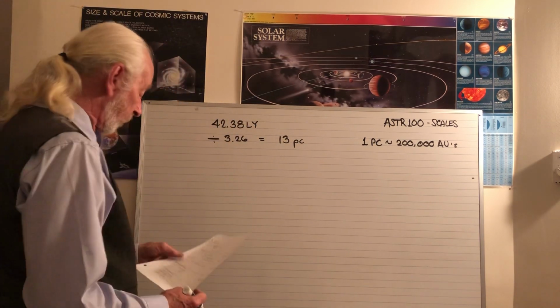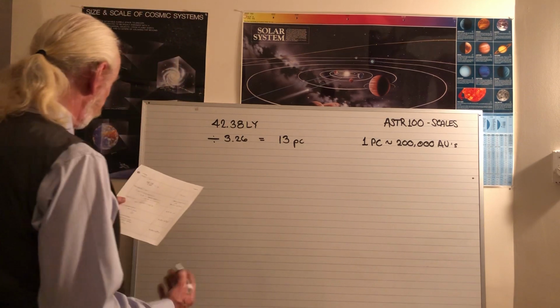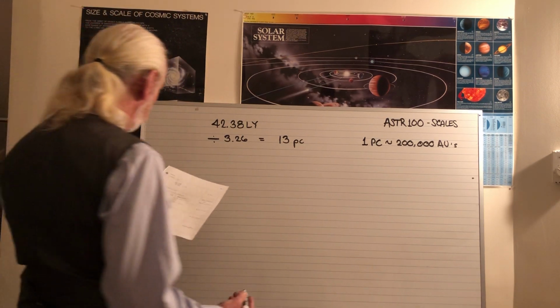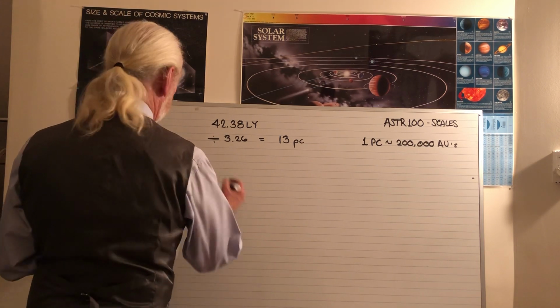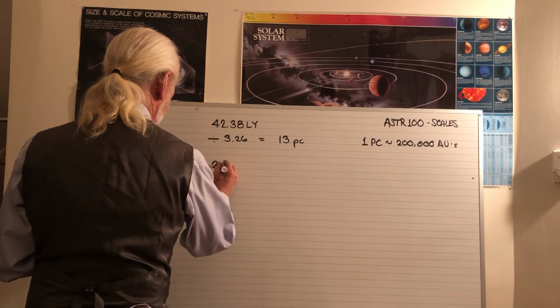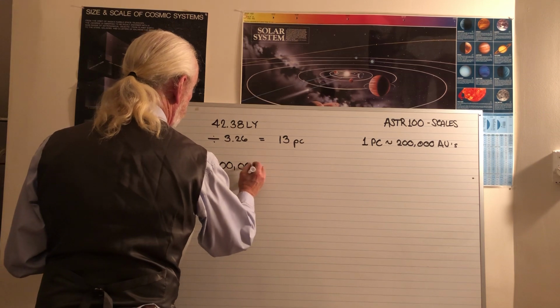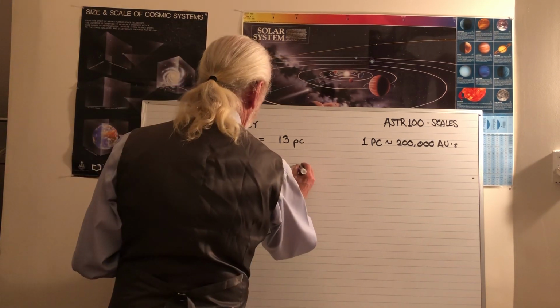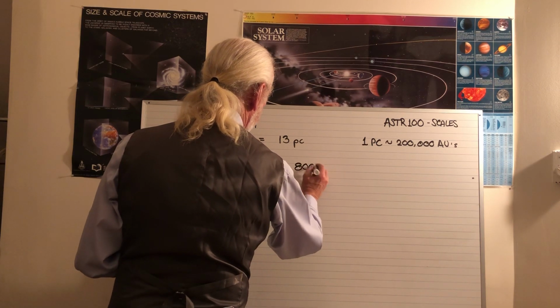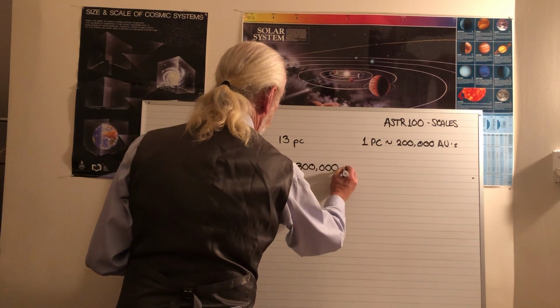So the next example, 4 parsecs would be roughly how many AUs? Since 1 parsec is 200,000, that'll be 200,000 times 4, so roughly 800,000 AUs.